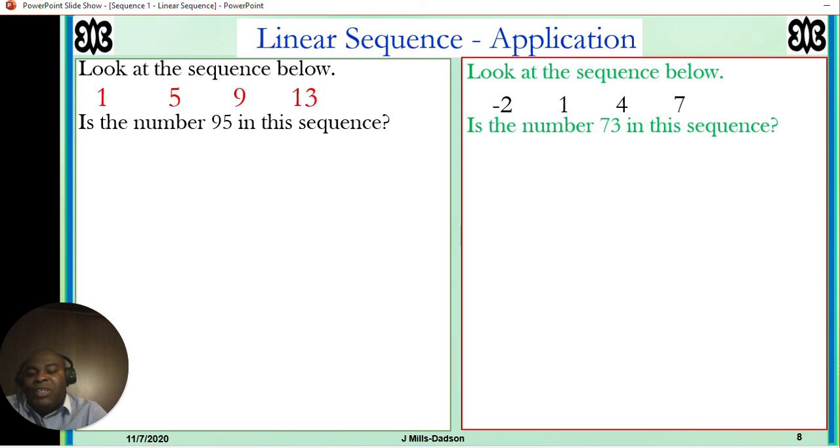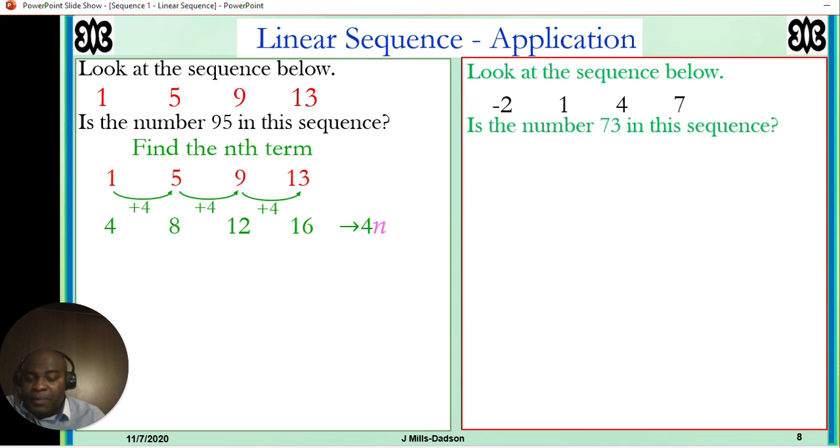So the first thing we need to do is to find out the formula. Our formula, from the steps that we've been using before, will give us 4n minus 3. And remember, the n values are discrete numbers, like the first number, the second number, the fourth number, and so on.